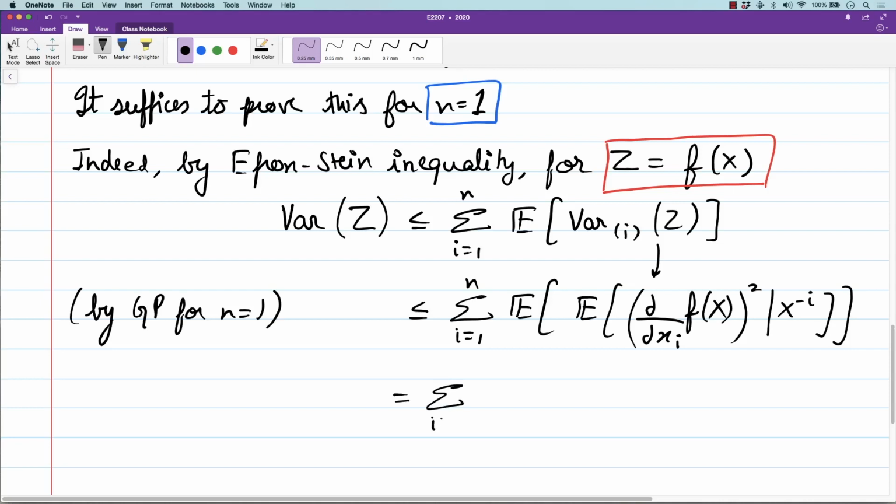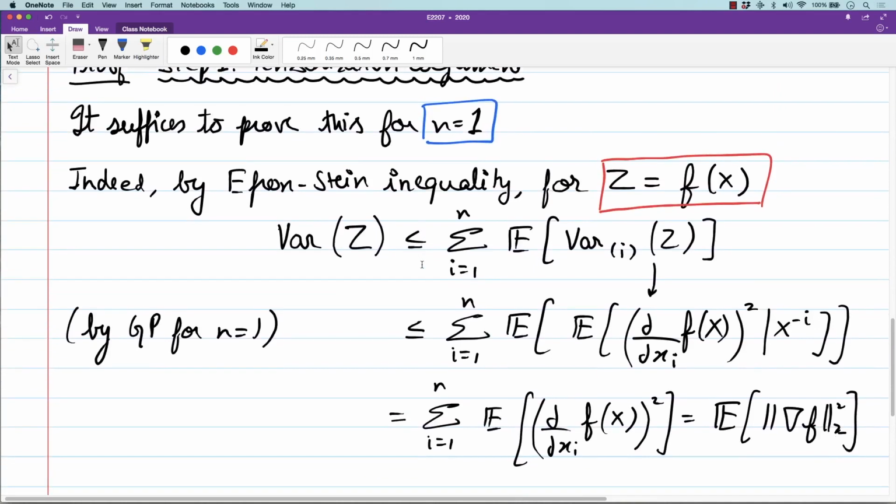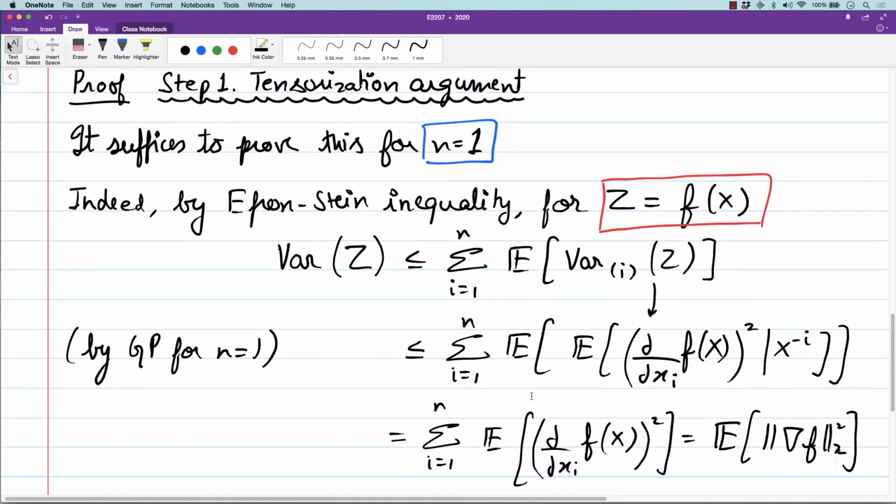So this looks like the sum over i equal to 1 to n of the expected value of the square of this derivative of f evaluated at this point X, and that's exactly, if you take the summation inside, this. Okay, so it suffices to prove it for n equal to 1. If you have this bound for n equal to 1, which we applied in the second inequality here, then the bound automatically holds for a general n.